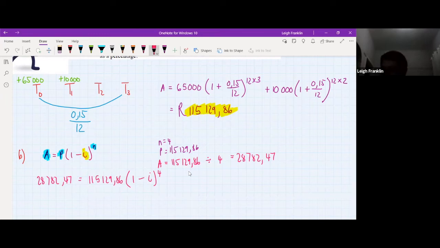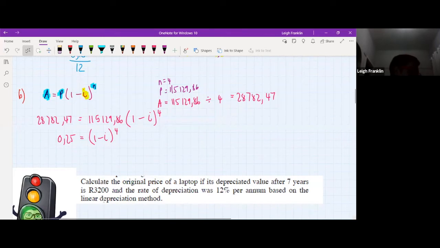And do you get 0.25? Hopefully you do. We then need to take the 4th root of that. It's equal to 1 minus i.